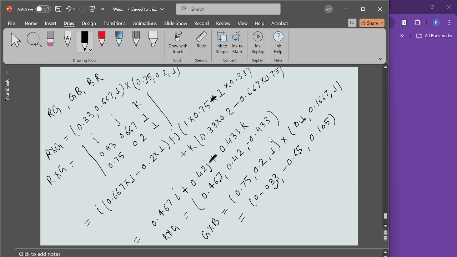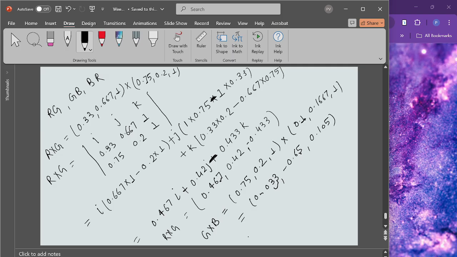Okay, and similarly for B cross R, you will get the values minus 0.5, 0.23 and 0.01.